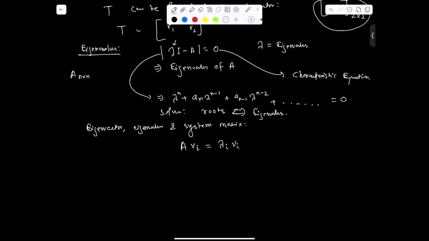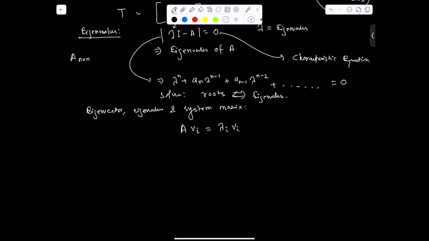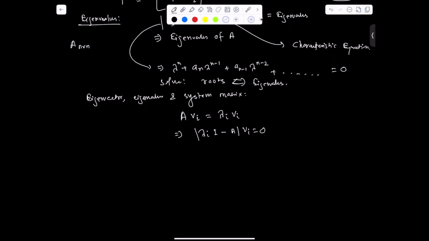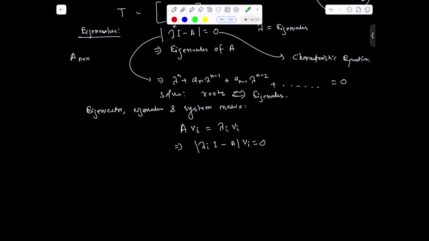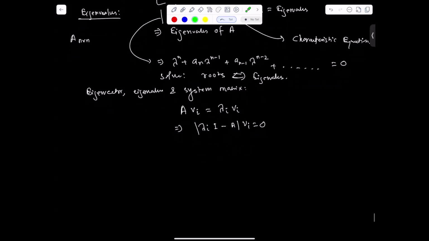So for a particular specific eigenvalue, we'll have an eigenvector. You can also write this as lambda i minus A times vi equal to 0. From the earlier equation we find the eigenvalues, so in this equation the only unknown is the eigenvector, because A is already given to us.